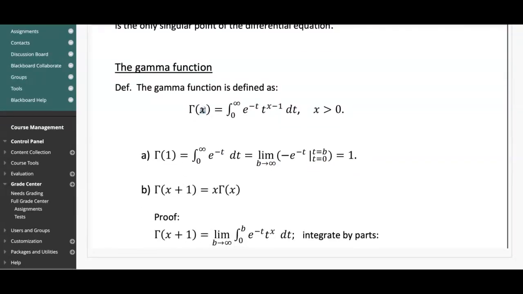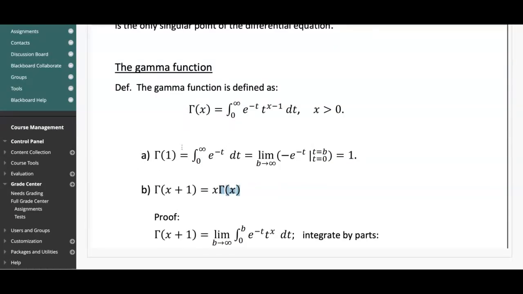We have seen calculations of gamma function, right? Gamma 1, if we calculate it, we get a 1. Beautiful value. And we have this recursive relation, gamma of x plus 1 equals x gamma of x.